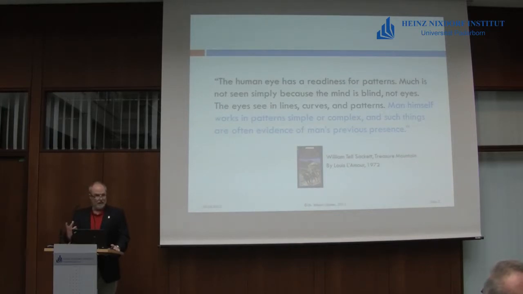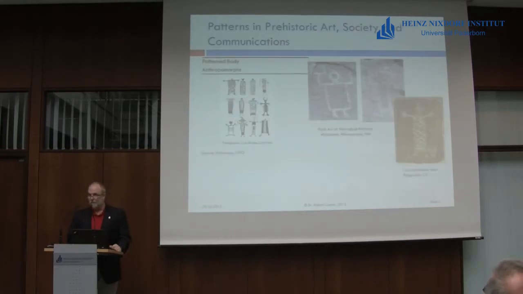We see it even though we don't know it's there. The example he used was straight lines. Straight lines don't occur in nature, but our eye can pick it up very quickly when we see a straight line. So I found it very interesting that even a novelist understands the importance of patterns.